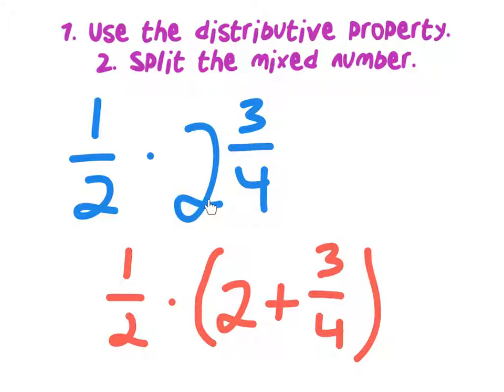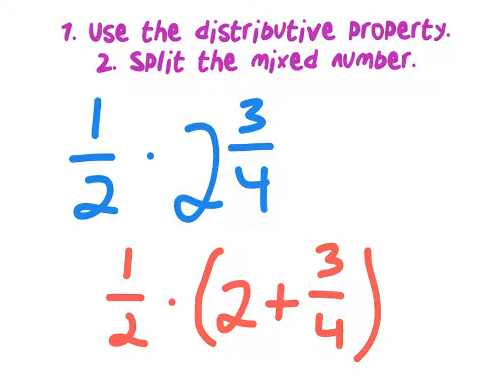So what we're doing here is we're multiplying our fraction by our mixed number. In order to do this, our first method requires us to split apart the mixed number into 2 plus 3/4, because when you put these two together, you get 2 3/4.